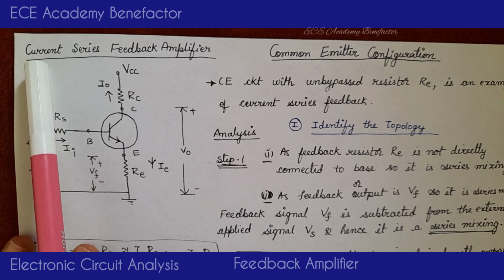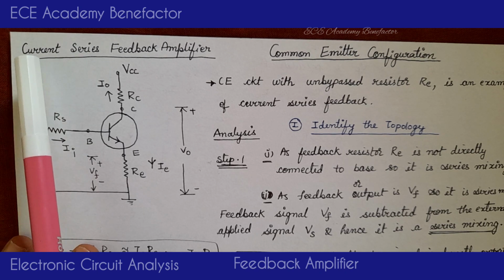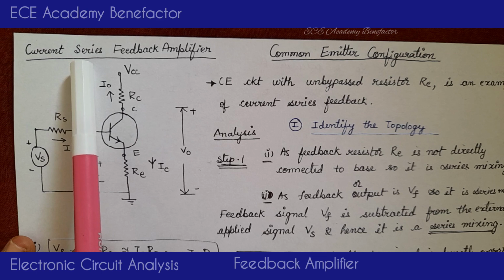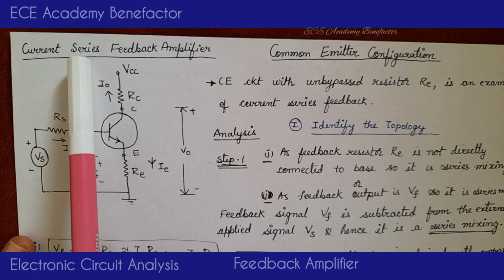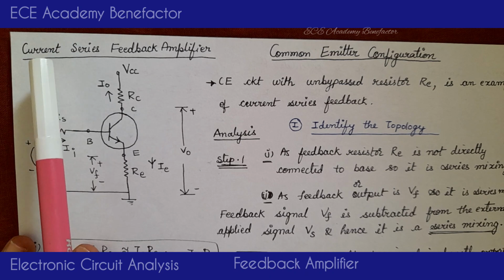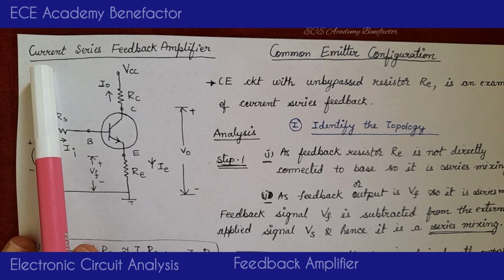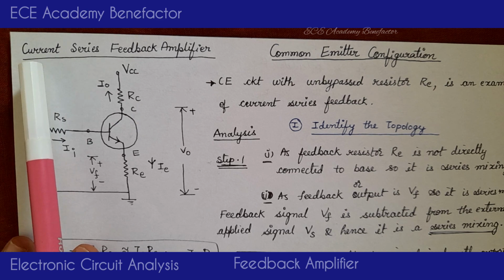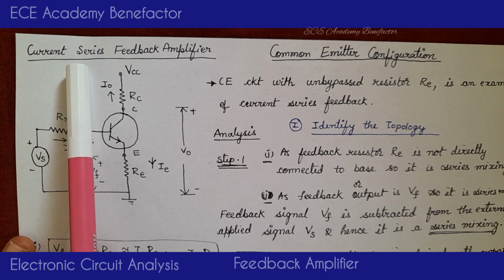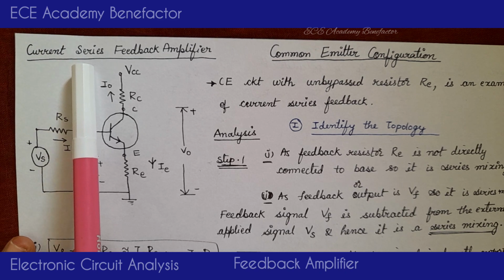The first word tells about the sampling. The second word tells about the mixing. In a feedback amplifier, mixing is done at the input side and sampling is done at the output of the transistor or the amplifier. So in the first step we will find what type of mixing it is.